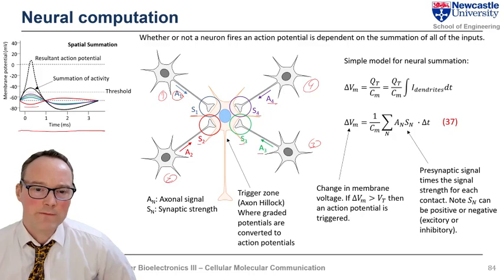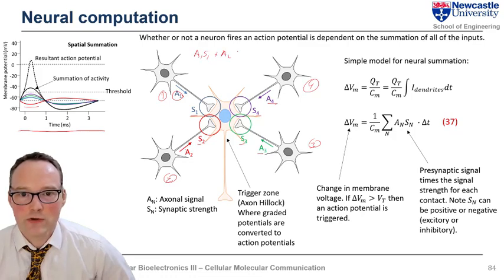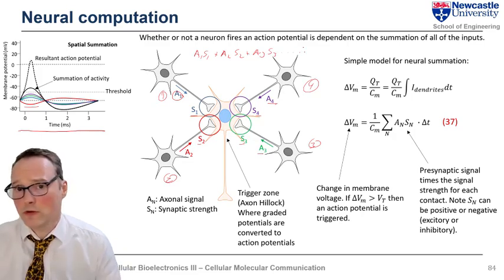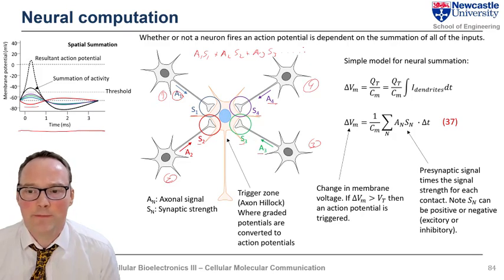So we can think of the neuron then as performing a function which is a bit like this: A1 S1 plus A2 S2 plus A3 S3 ... and you could have hundreds or even thousands of inputs to any particular cell.